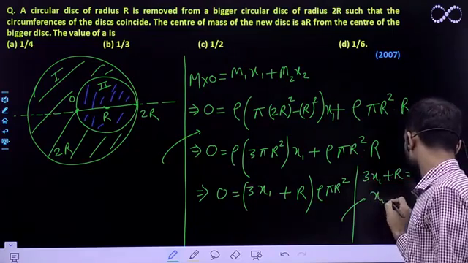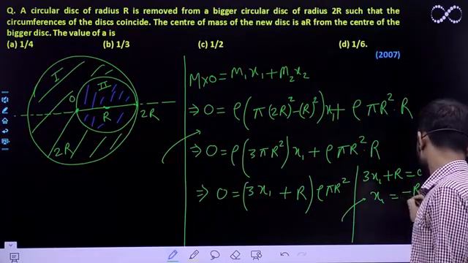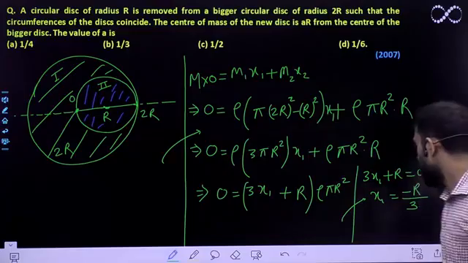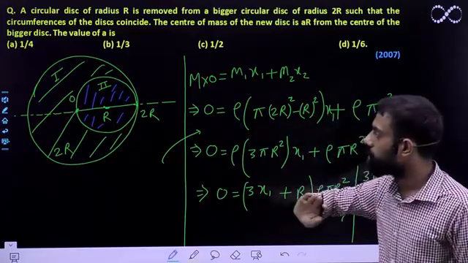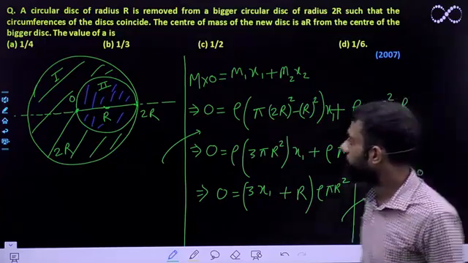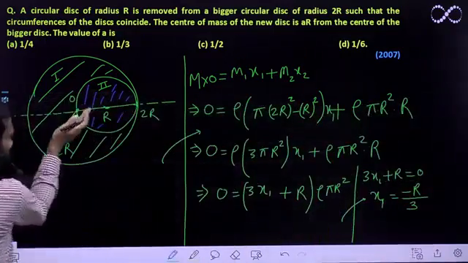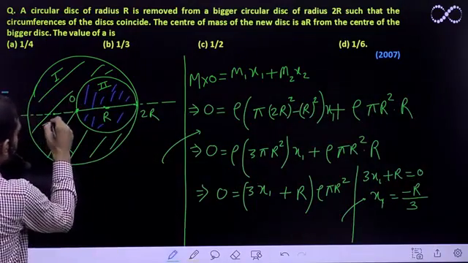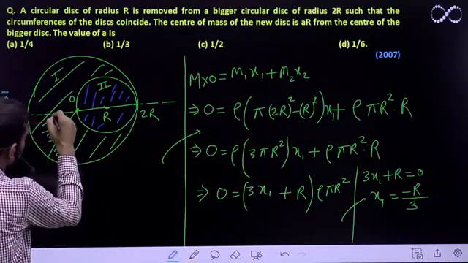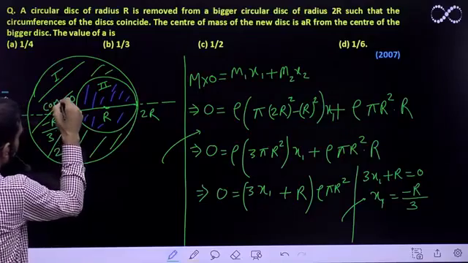This implies x1 is equal to minus r upon 3. So what is the center of mass of part 1 which I need to find? That is minus r upon 3. So this will be towards this side, minus r upon 3. So here is the center of mass of part 1.